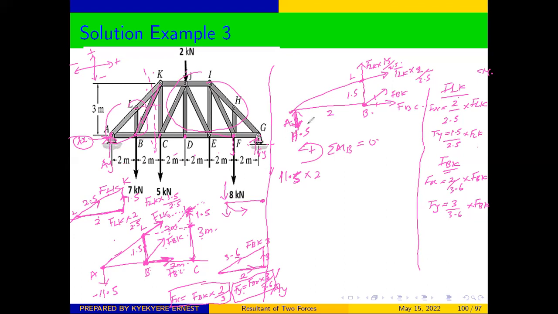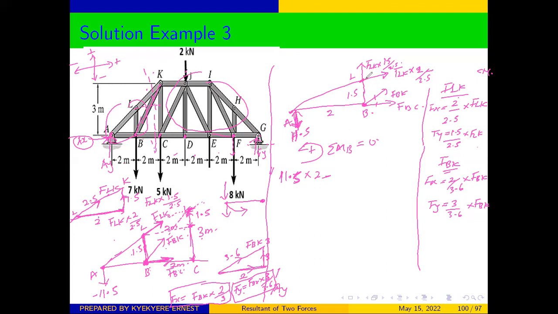Let's maintain our definition that anti-clockwise is positive. So 11.5 times 2, minus the X component of FLK.